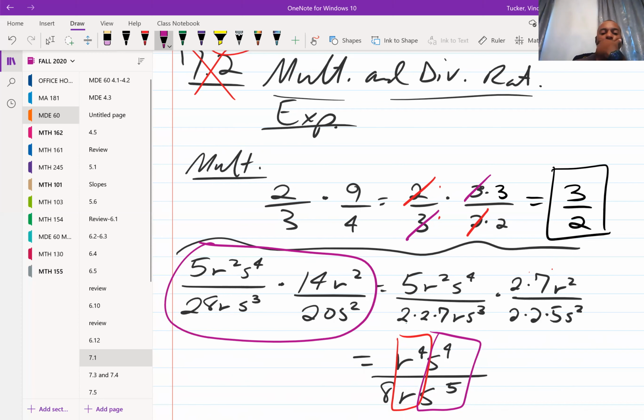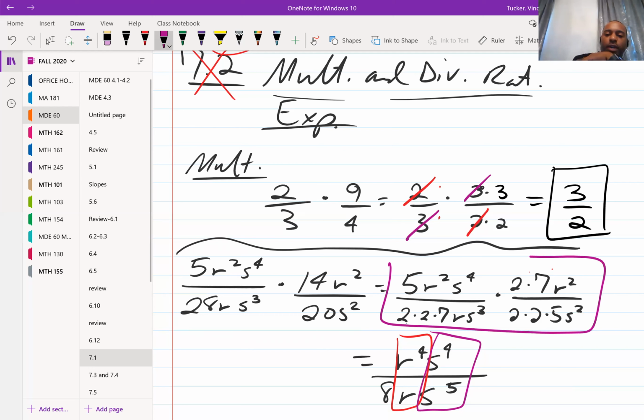So what I did here in the next step was to break everything down to prime factorizations. So 5 is nothing you can do with that, but that 28 is 4 times 7. Then I broke down the 4 to 2 times 2. 14 is 2 times 7, and then 20 is 4 times 5. Then you break up the 4 into 2 times 2. So that's how I did each one of those numbers.